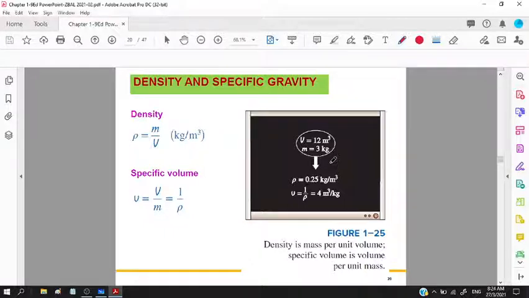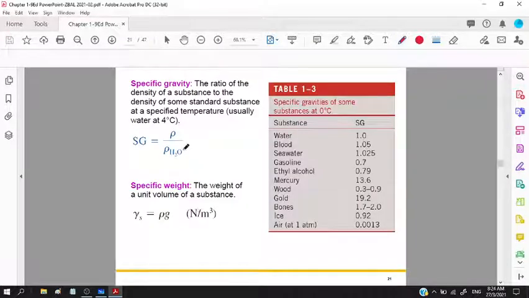Next parameter is the density. I have mentioned density before, and also the specific volume, a very important parameter. As far as thermodynamics is concerned, we are looking at the specific volume. It is the parameter of most interest, and we must know that we can get the specific volume as the reciprocal of density. Next parameter is the SG, specific gravity.